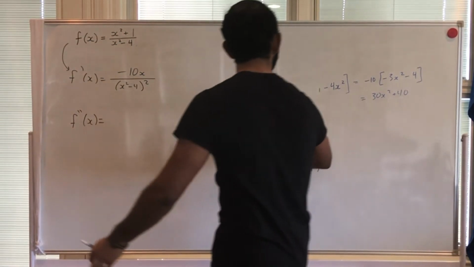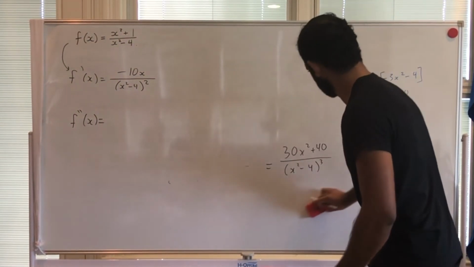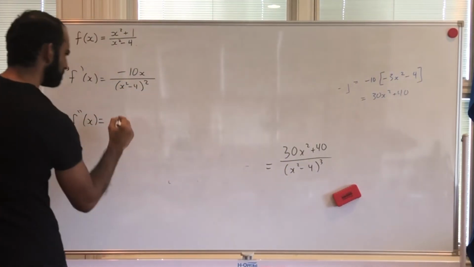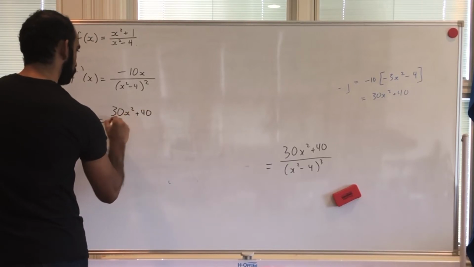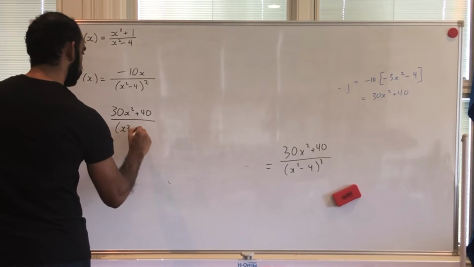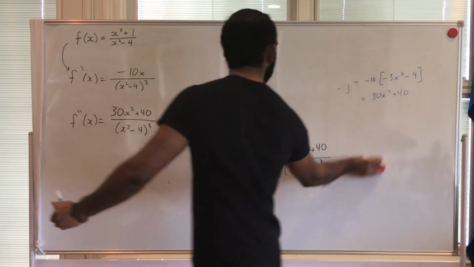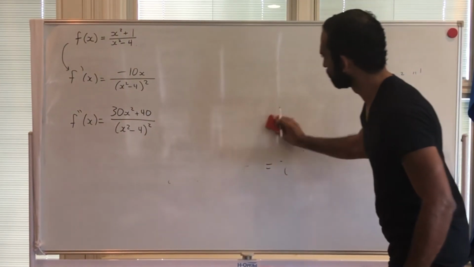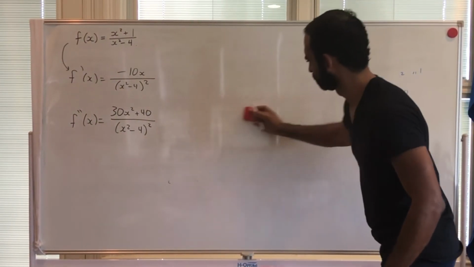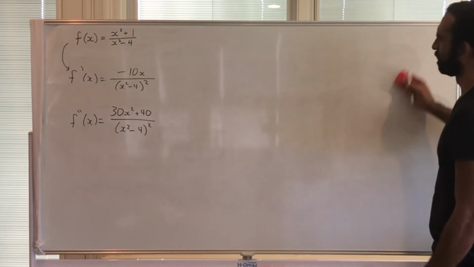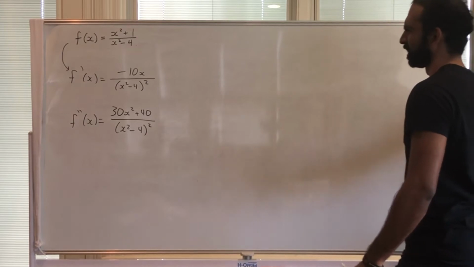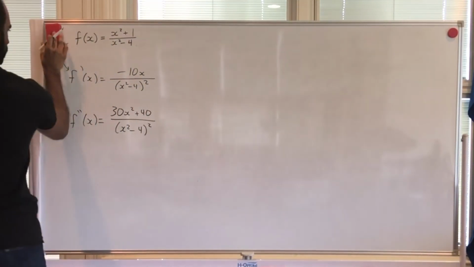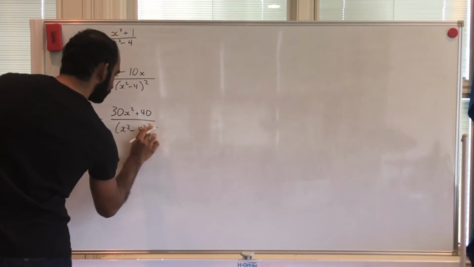That was my first derivative, and my second derivative, of course, is this right here. Now let us analyze that second derivative, which has x squared minus 4 cubed in the denominator.